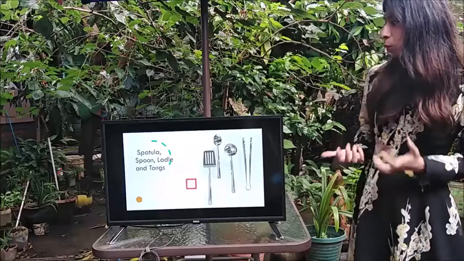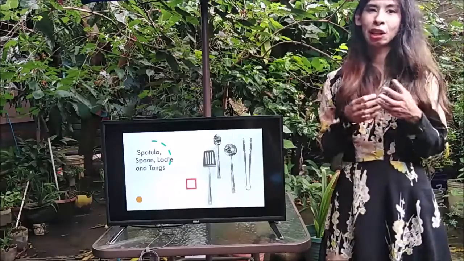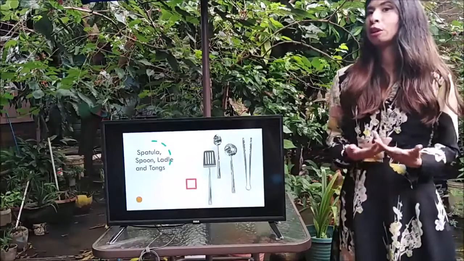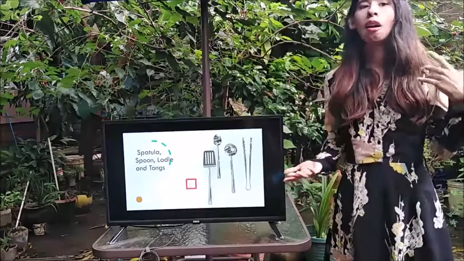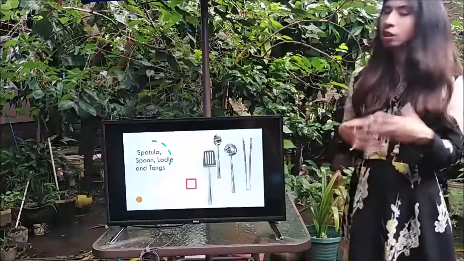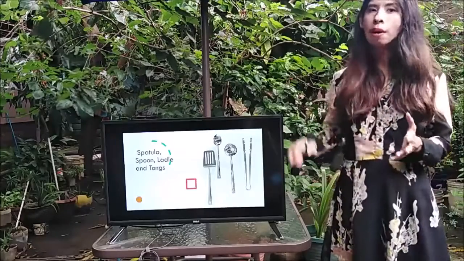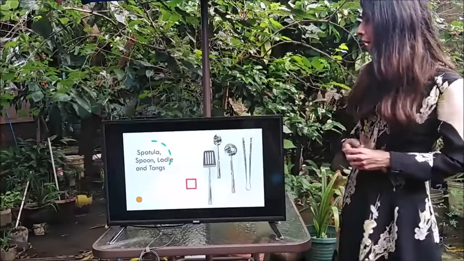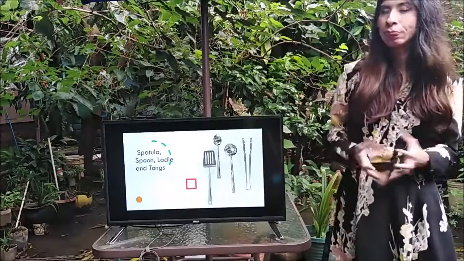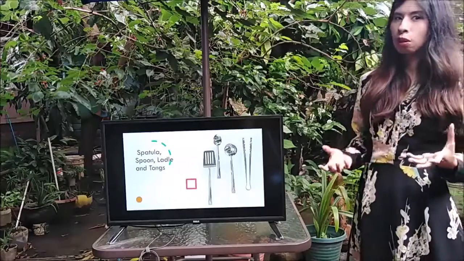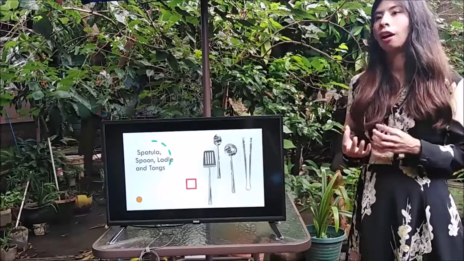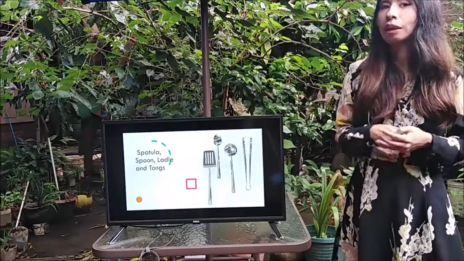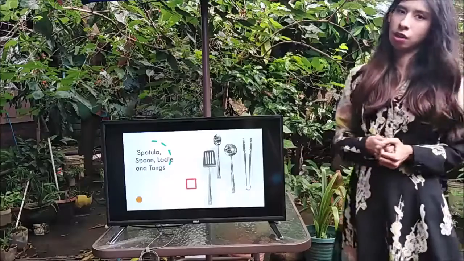We have also the spoon. Of course, we have the regular spoon that we use whenever we are eating, for example, soup. But we have the larger spoon that can help us stir the soup, for example, whenever we are cooking it. Also, we have the ladle, which is like a spoon but even bigger and deeper, so we can gather some liquid elements, and the tongs.